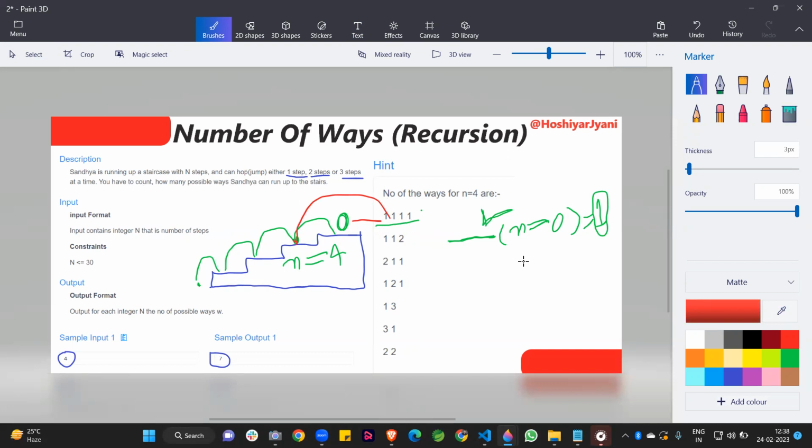So at that time we can say that if our n value is less than 0, meaning we avoid this position and go beyond the last position, then we go into the minus condition. So at that time, if n is less than 0, then we can simply say that this is not our count, because we did not reach this position. We avoid this and we go beyond this last step.